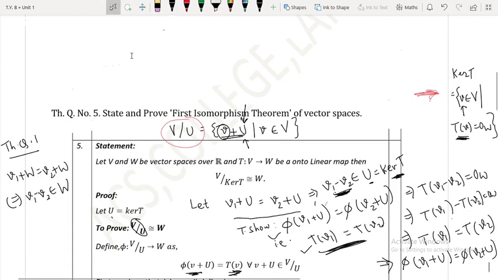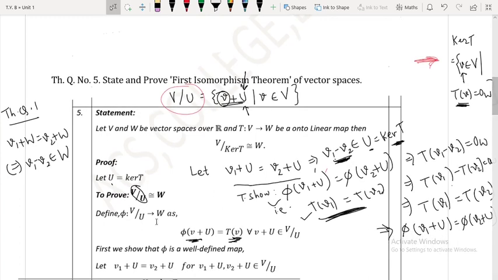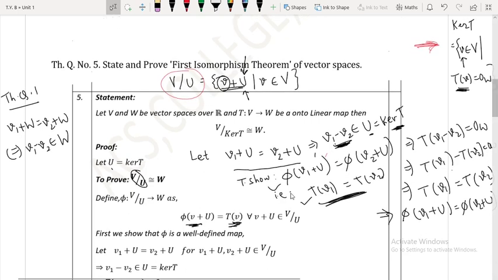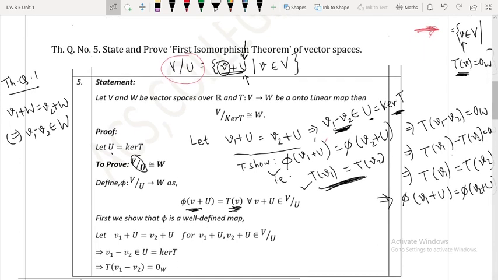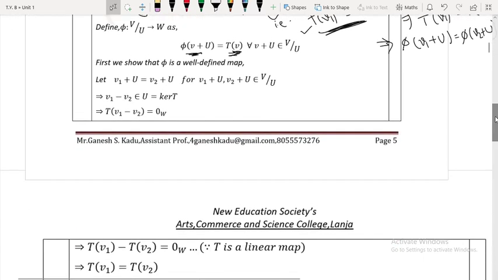Let us see what I have written here. I have said let v1 plus u is equal to v2 plus u, same as this. This implies v1 minus v2 belongs to u, which is our kernel of T. But this will imply the image of v1 minus v2 is equal to 0. Then this will imply T of v1 minus T of v2 is equal to 0, because T is a linear map. If you want, you can write the reason here.